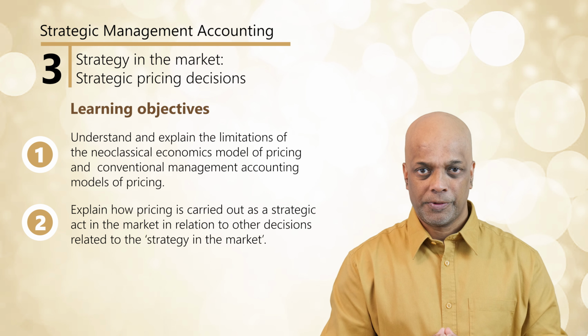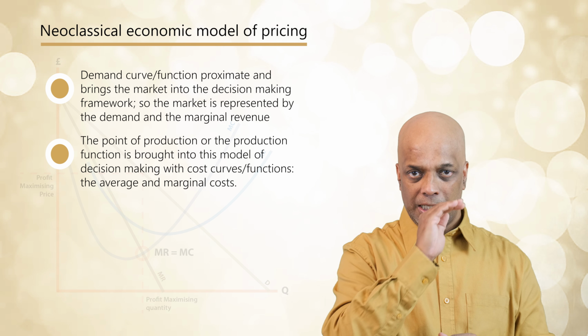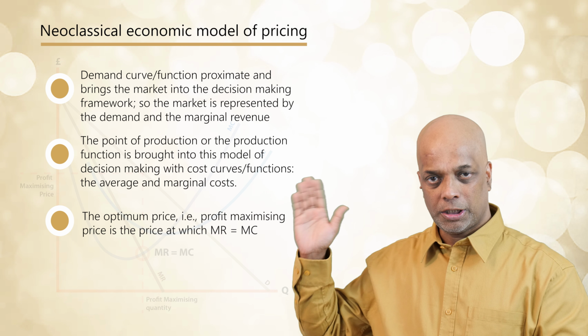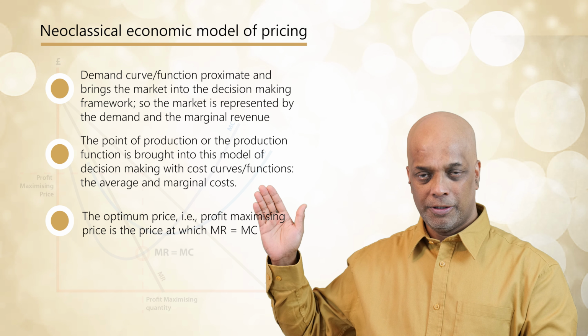So while the demand curve brings the market into our decision-making model, the cost curves bring the point of production into the decision-making model. So we have the average cost and the marginal cost curves. And accordingly, we determine our price as the point at which the marginal revenue equates to marginal cost. So that is the neoclassical model of pricing.